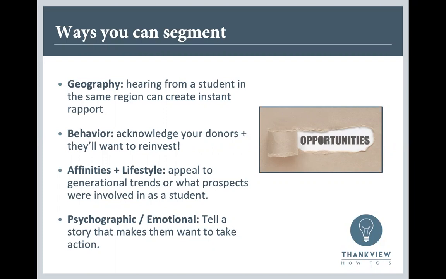But you could also look at what your prospects were involved in as a student. If they were Res Life people, maybe talk to them about new dorms that are being built, because they probably will have a deep appreciation, even though other students obviously lived in the dorms. If they were residential assistants or leadership in those roles, they were living in those dorms all 4 years. They didn't have the opportunity to move off campus.